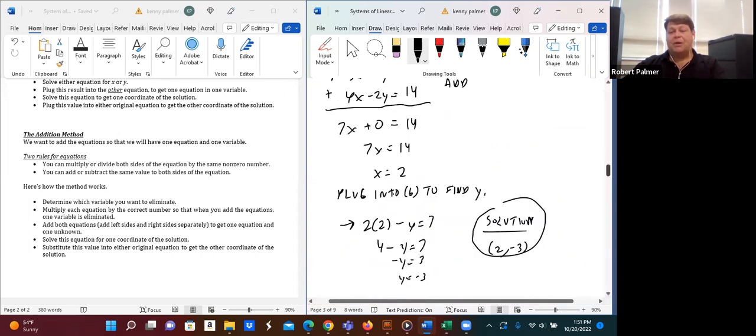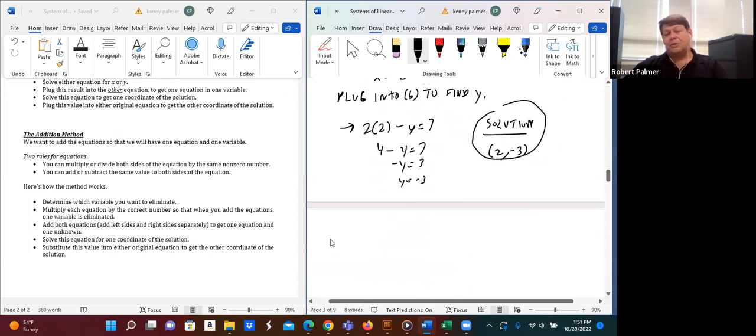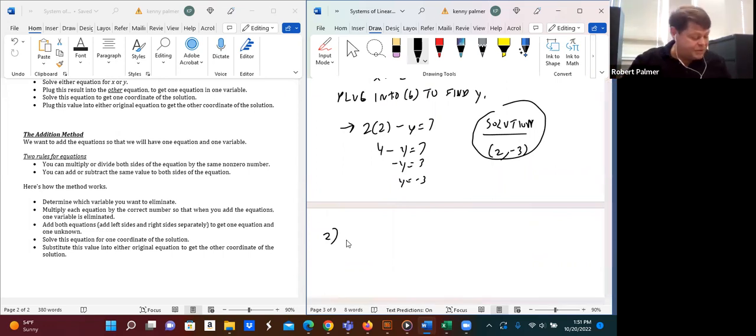Let's take a look at another example of that, and also take a look at something else that can happen. So far, we've only seen independent systems with one solution. Let's look at something else that can happen. So let's take a look at this system.